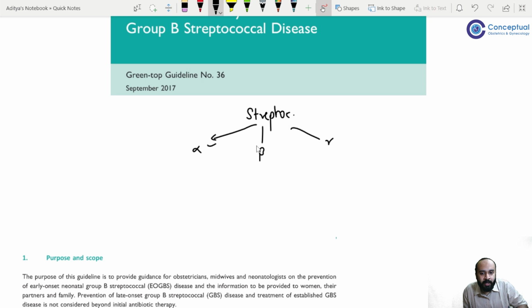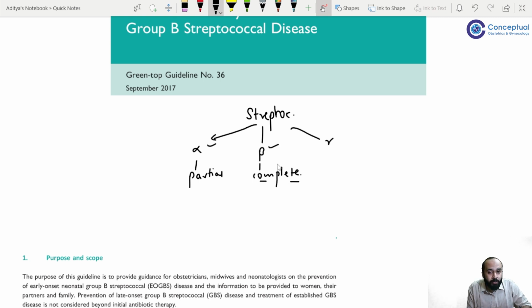So alpha and beta were the major ones. उसमें alpha वाला जो था, it was partial hemolysis. Whereas beta वाला जो था वो था complete hemolysis. So ये दो major वाले थे.